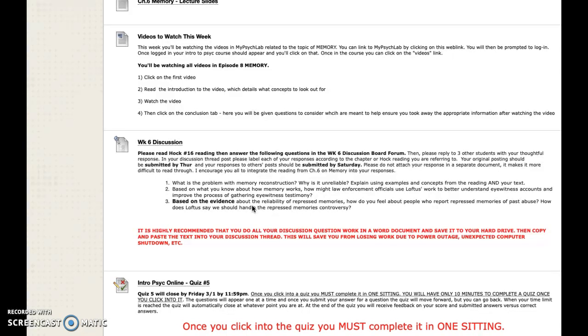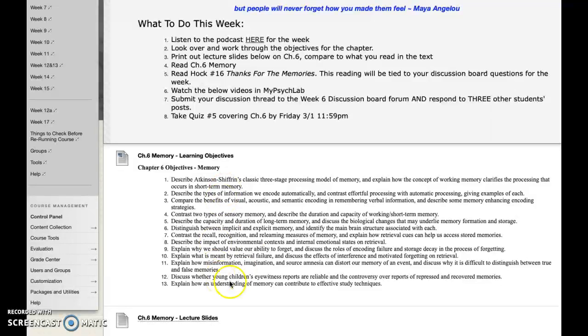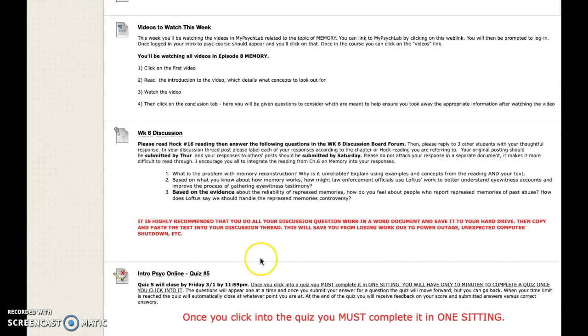These should be well constructed, well thought out answers that integrate everything that you've read in the chapter, because the chapter's talking all about memory and what affects it, and the different processes we go through when we're trying to remember something or retrieve something. That's great stuff that can get put into your answers for these questions.